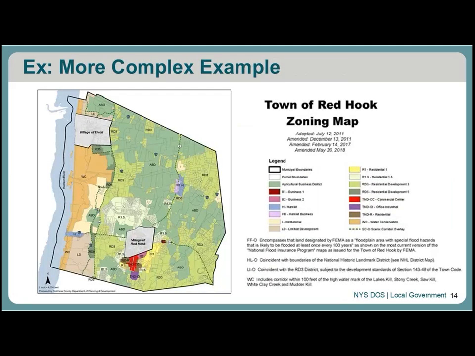And then an example for a more complex example, so we are looking down in the Hudson Valley in the town of Red Hook, which is interesting because they have also 2 villages that have their own zoning as well. So the town doesn't oversee that because that's up to the villages to do themselves. But here you actually see where they have about 15 different zoning districts, and they have, I think, 4 overlay districts that are related to flooding, to national landmarks, to environmental protection, and a scenic corridor overlay.